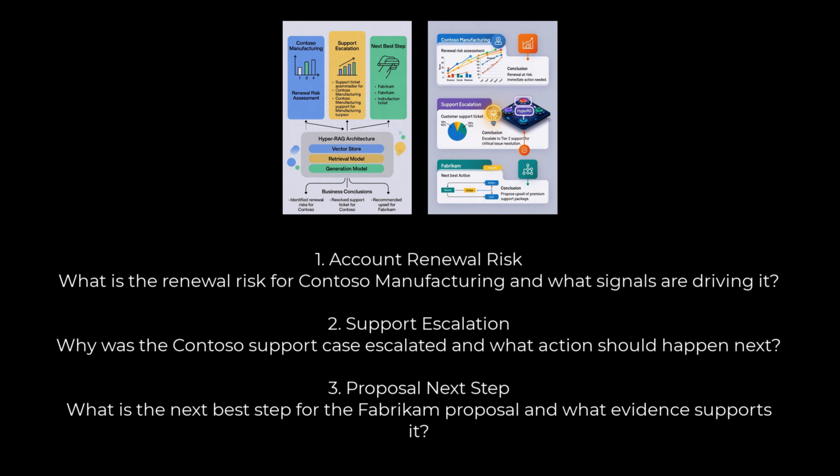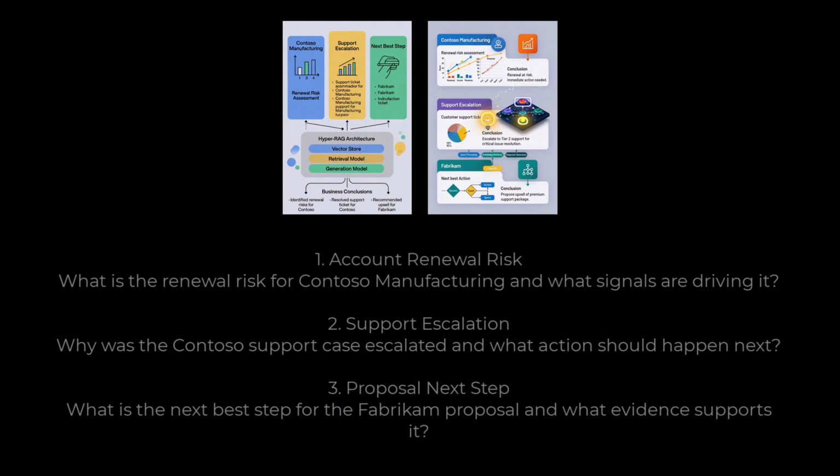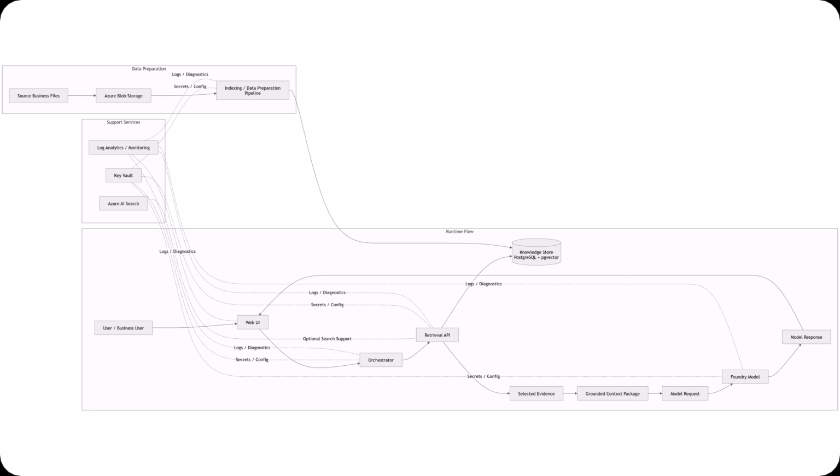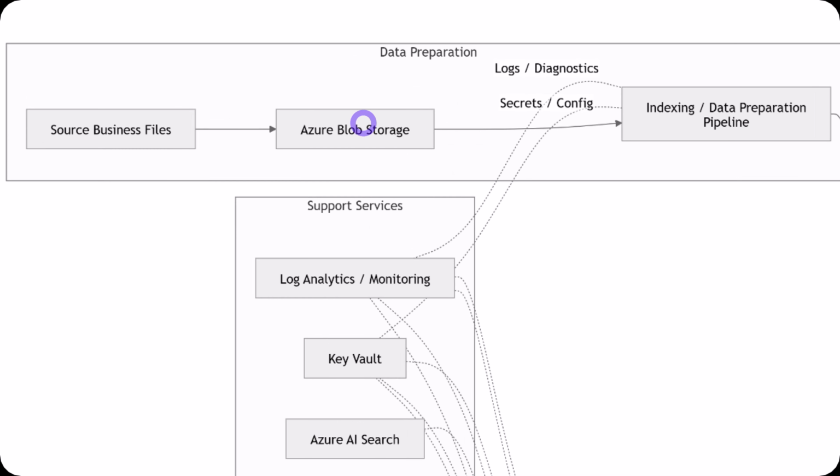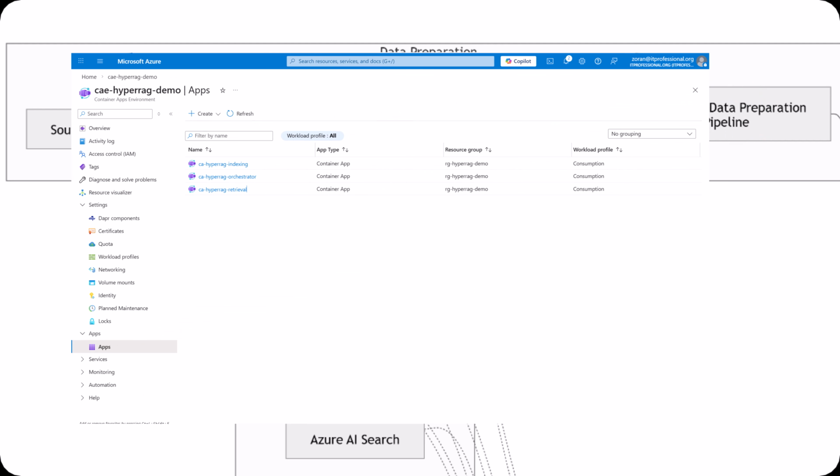Now let me explain how the flow works from the user's point of view. This is also where it is important to explain my hyper-RAG indexing pipeline. In this demo, the original business data comes from Azure Blob Storage. These files are structured in a way that reflects what I would normally get from a CRM system and other business sources. My indexing pipeline, running as a dedicated container app service, does much more than simply turn that data into plain chunks.